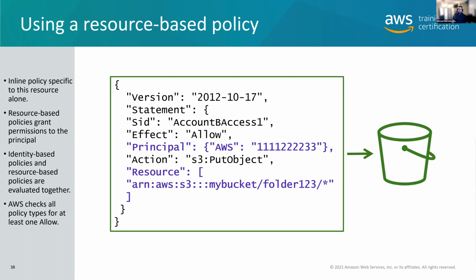For example, S3 buckets, SNS, SQS, KMS encryption keys, VPC endpoints, those can all have resource-based policies. I think OpsWorks can too. I haven't looked at that list recently. I think they whittled it down.